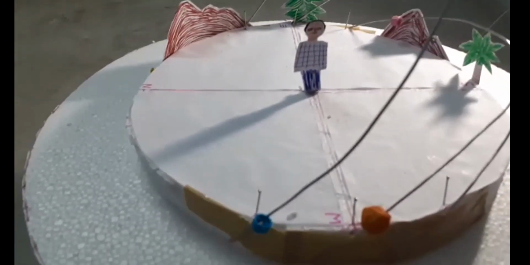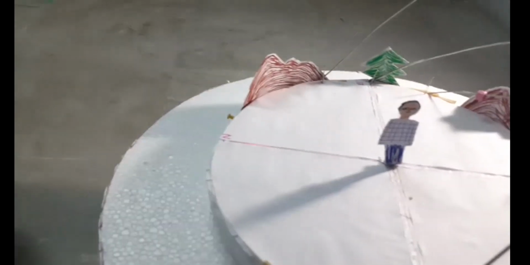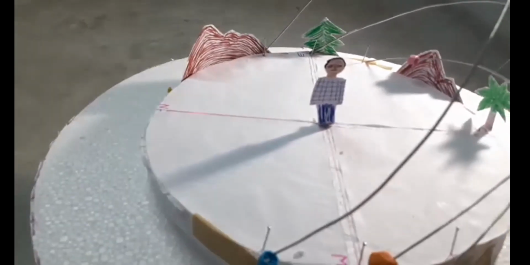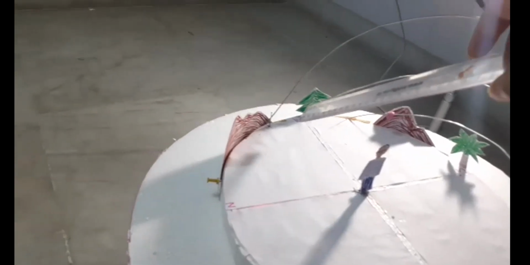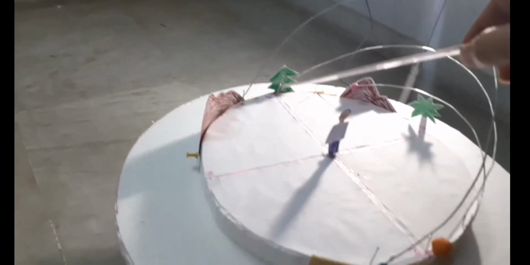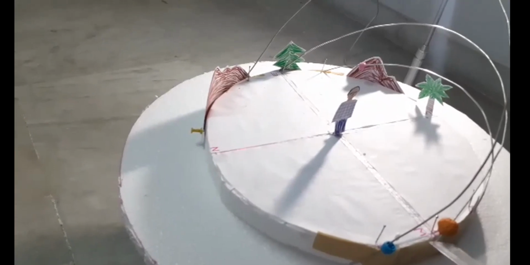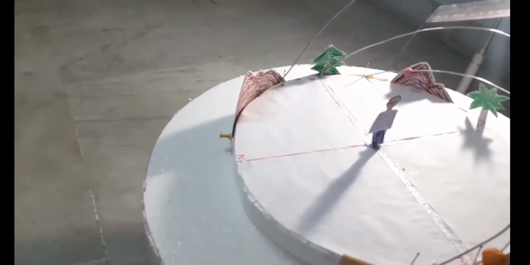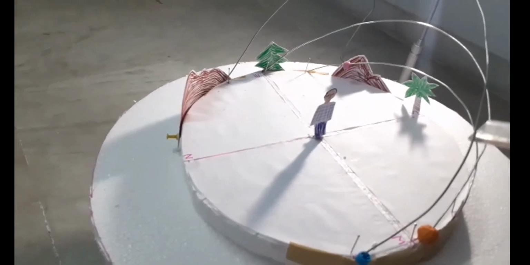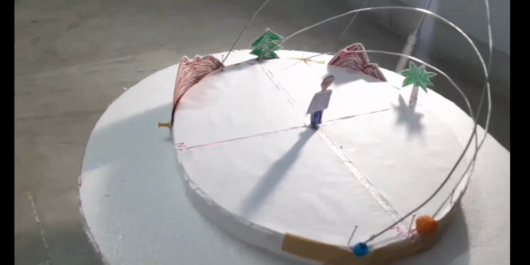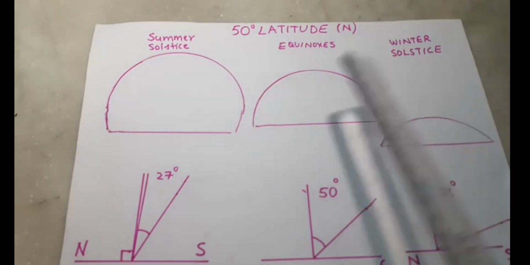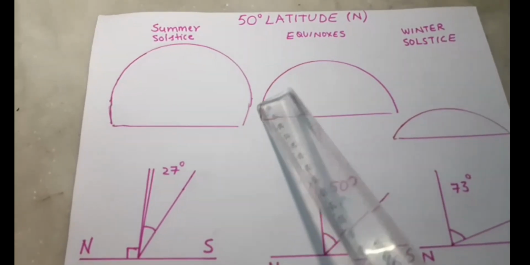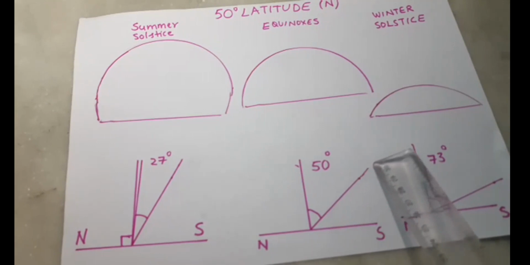That is the only day of the year when the sun rises exactly in the east and sets exactly in the west. It's a semicircle, so the day and night are equal on both equinoxes, the spring and the autumn equinox.